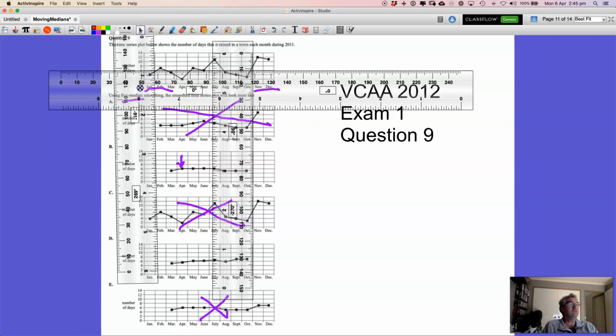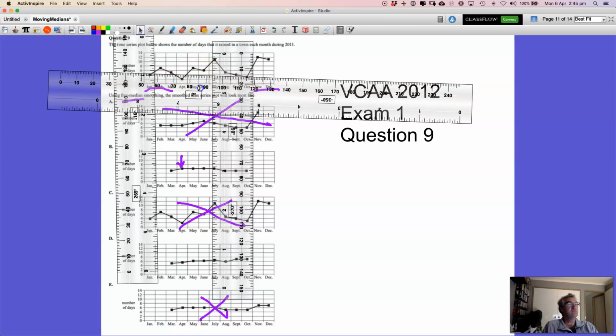You can see that third point is right on the line there. See that third point is on the line? It's right on that line there. So if you go back to here, the month of April is right on the line. The month of April here is below the line. So the correct option here would be D.